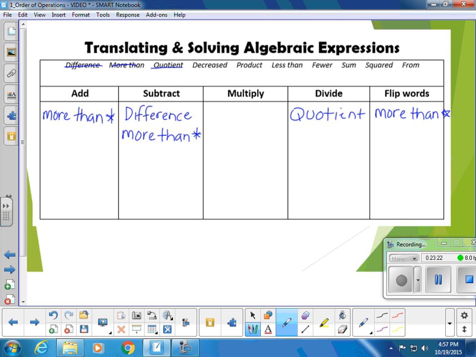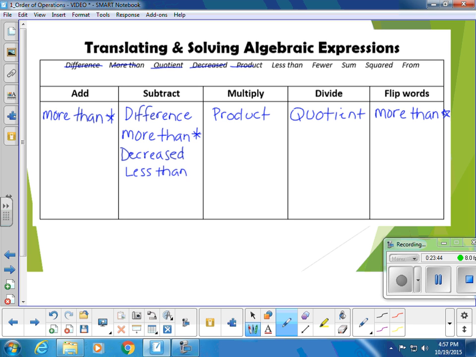Decreased, if something is decreased, then it is subtracted. Product is the fancy word for a multiplication problem. We've talked about that before. Less than, if I have less than you, then I'm going to subtract to find the answer.